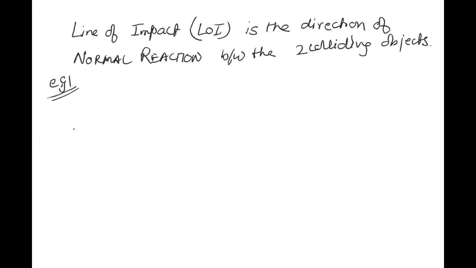Example number 1. Particle is moving like this with velocity v, collides with the floor. Where is the line of impact? Particle is moving like this. Where is the line of impact? This is the line.